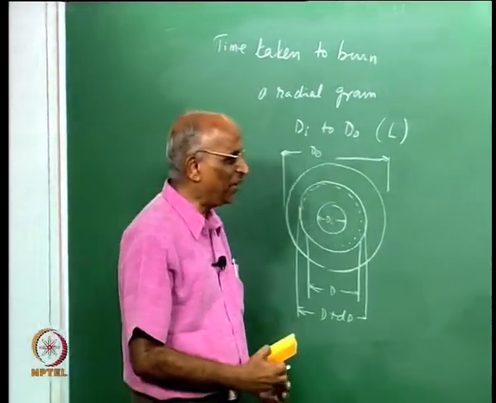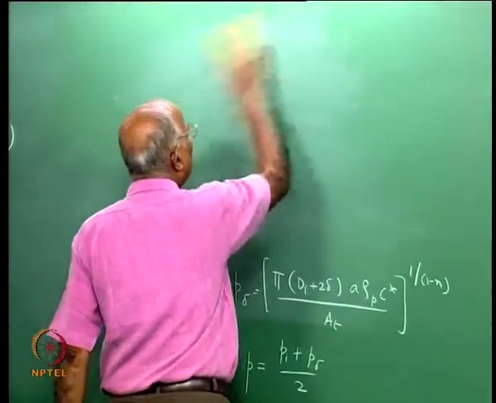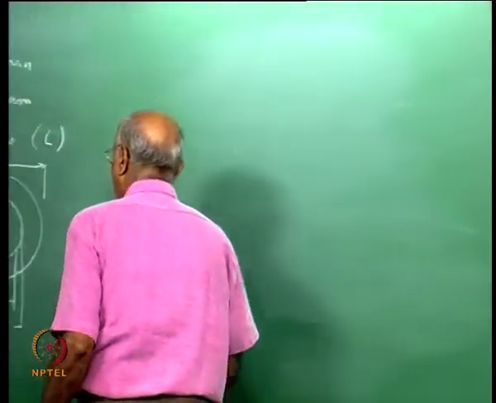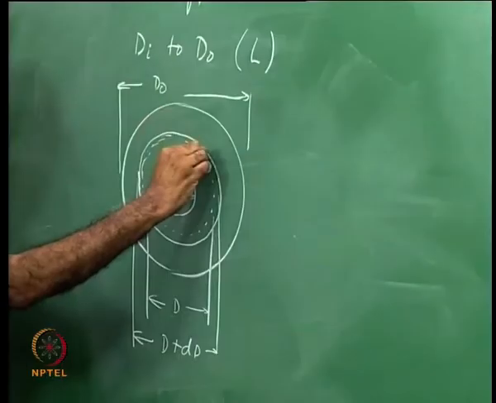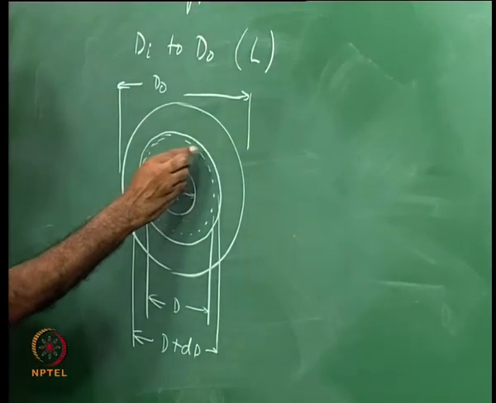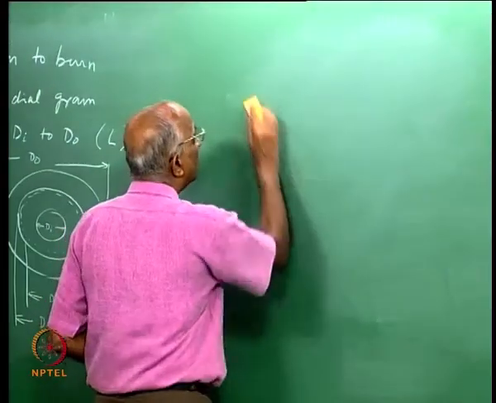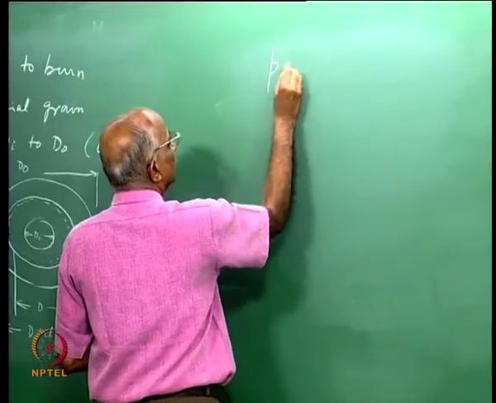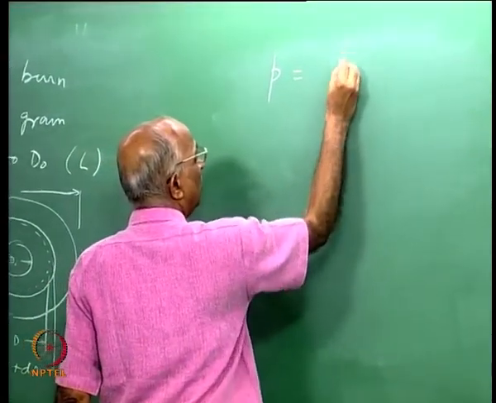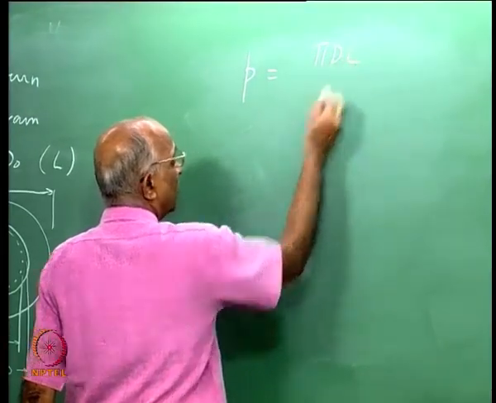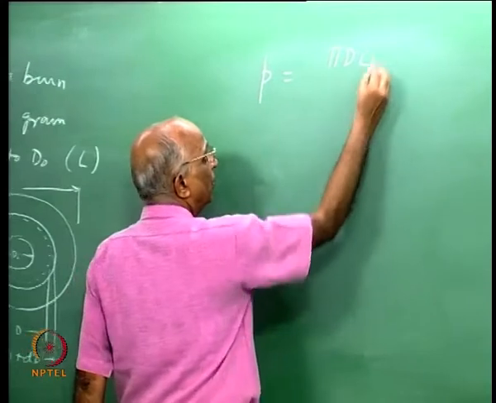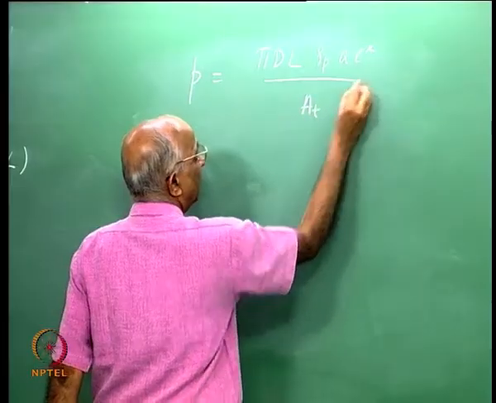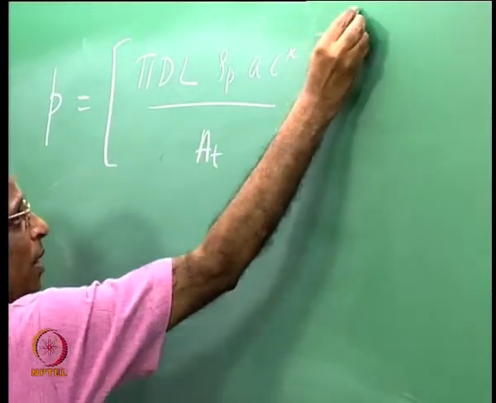Let us do that. How do I do it? How do I get the time taken to burn a distance dd? Well, I know that this distance dd is very small, therefore the pressure could be the value at d, and therefore the pressure is equal to, we again write it, SB is equal to pi d perimeter into length is the burning surface area into rho p a c star divided by AT to the power 1 by 1 minus n.